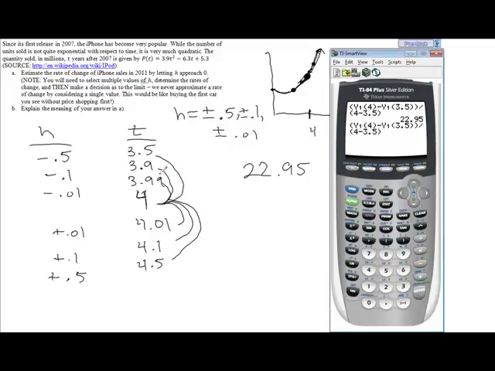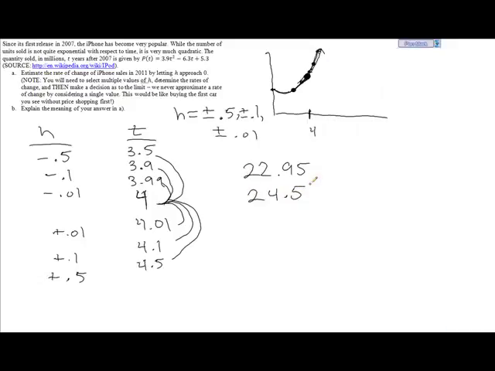Now we want to find the rate of change between T equals 4 and T equals 3.9. All we have to do is recall that entry and change 3.5 to 3.9. We hit enter, and we do in fact get a rate of change which is a little bit larger. Now what are the units for this? The output represents quantity sold, so we'll write millions sold. And what is that per?